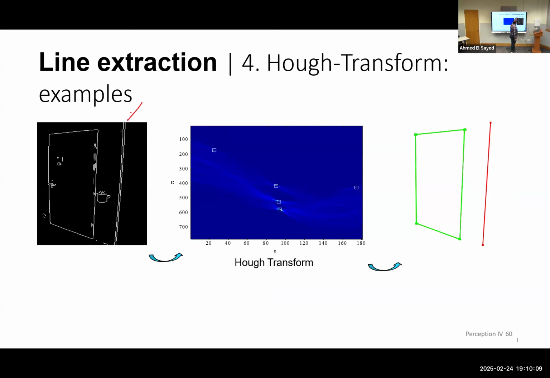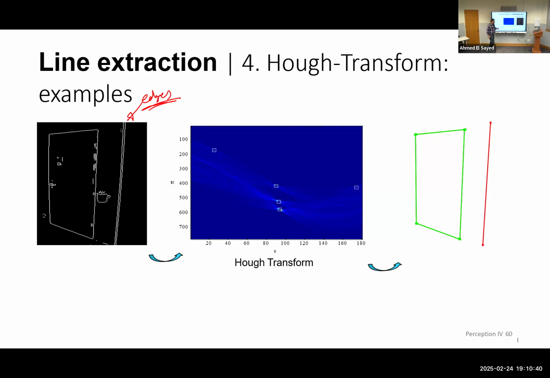This is the edge detection result. Now, if I calculate the Hough transform for this, I will find that I have 1, 2, 3, 4, 5 maximum points. If you count the number of lines here, you will find 5 lines. 1, 2, 3, 4, 5. So each one of them is a line.